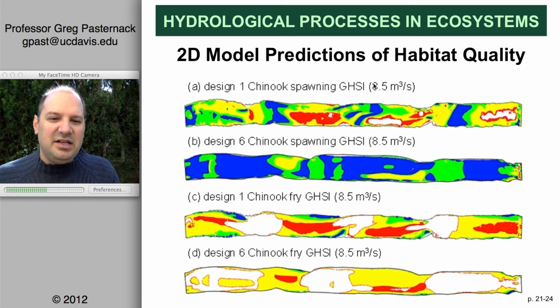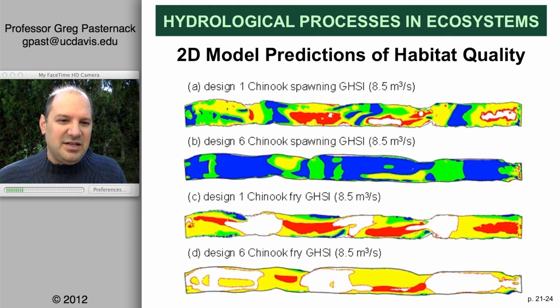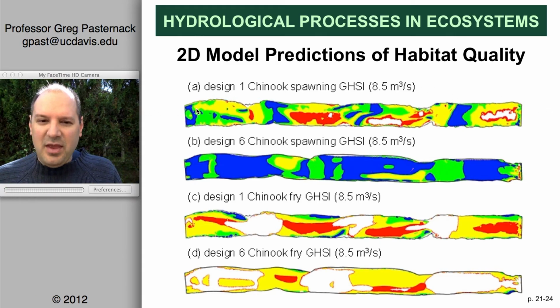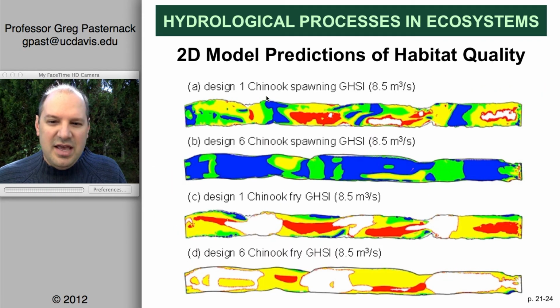And this is done at a discharge of 8.5 cubic meters per second, which you can do the conversion if you want to get that in CFS. Flow is from right to left. And you can see that Design 1, which has these bars going across the river, these 3 bars, it has a lot of habitat on those bars for spawning, but not much else.